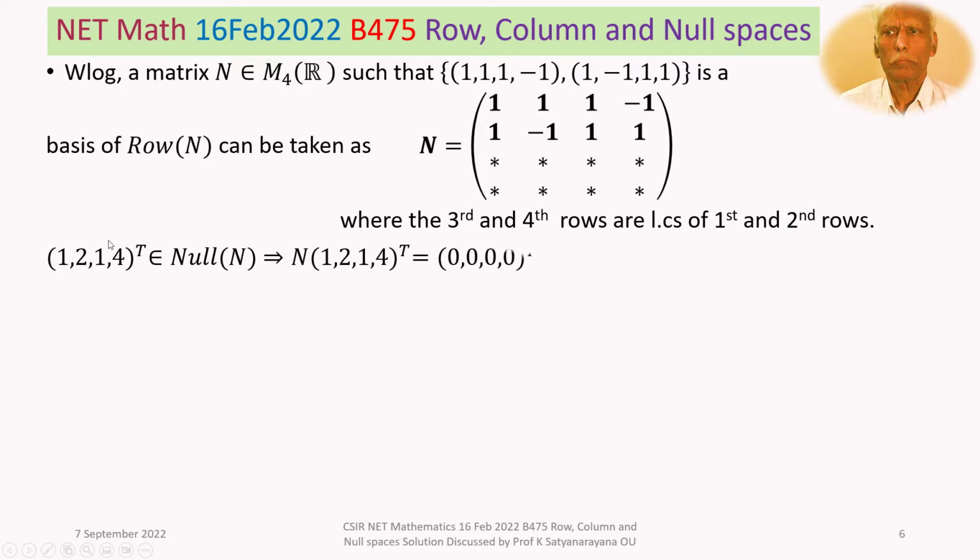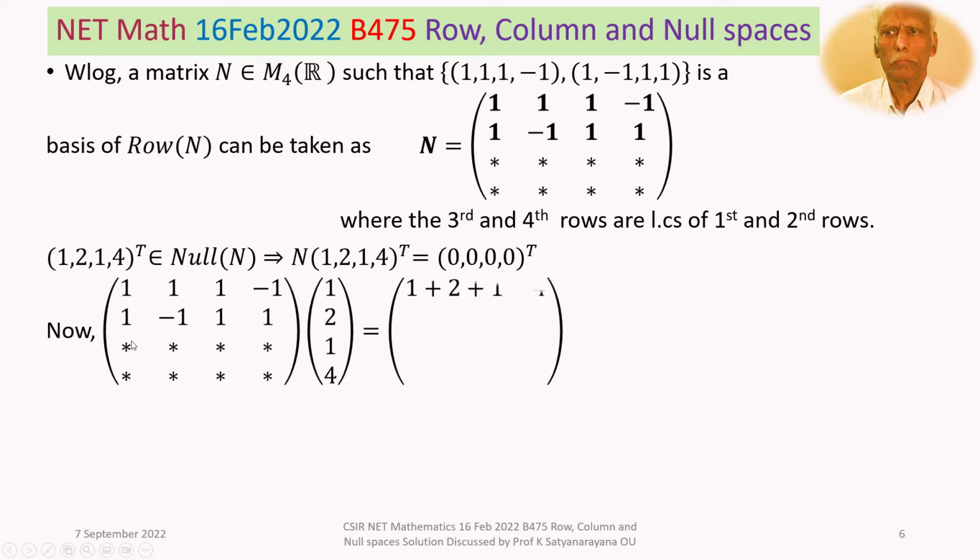And (1, 2, 1, 4) transpose must belong to the null space of N. That means N times the column vector (1, 2, 1, 4) transpose is the zero column vector (0, 0, 0, 0) transpose. So N is written here, and (1, 2, 1, 4) transpose is written as a column vector like this, and we multiply.